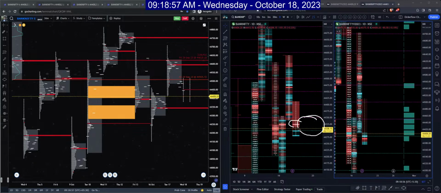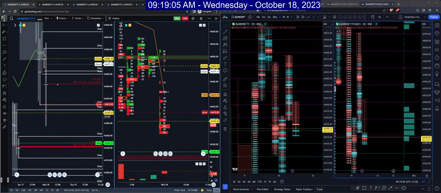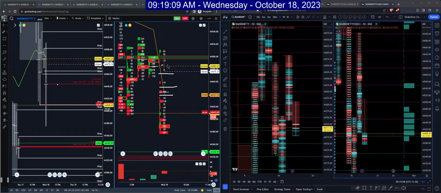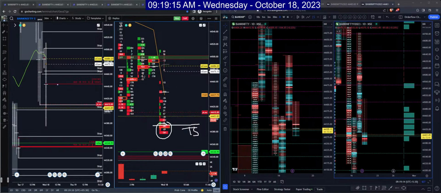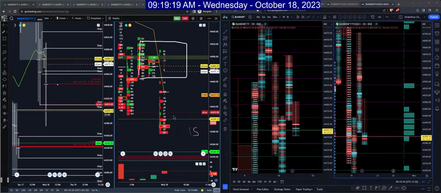Currently I am seeing there is overhead supply. Also on the delta, on the footprint chart, there are unfinished auctions in the form of gaps. Let's see when they get repaired. Currently at the low is where there are trapped sellers. Overhead there is supply, so this particular zone is the supply or resistance zone.